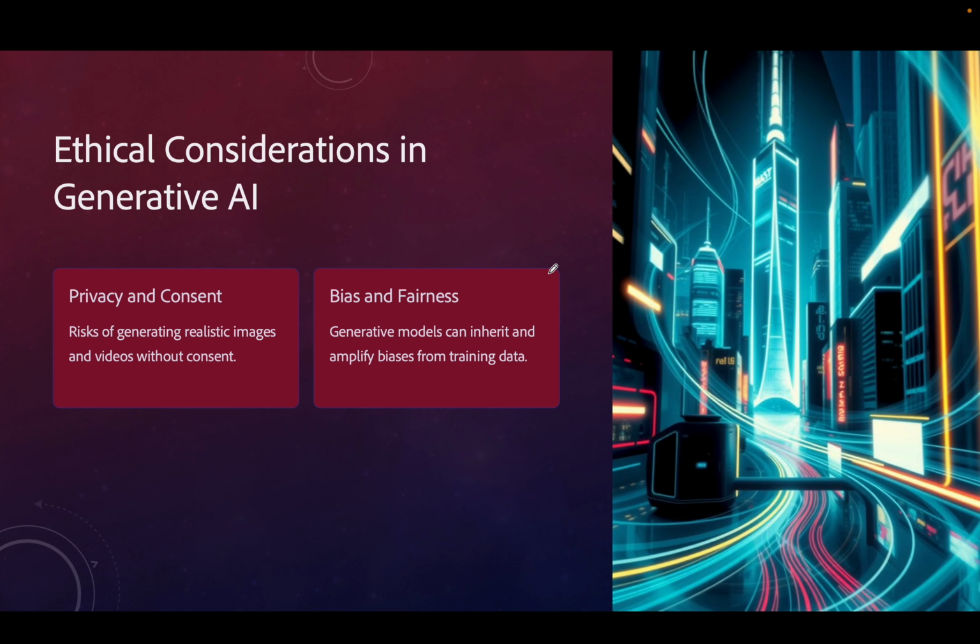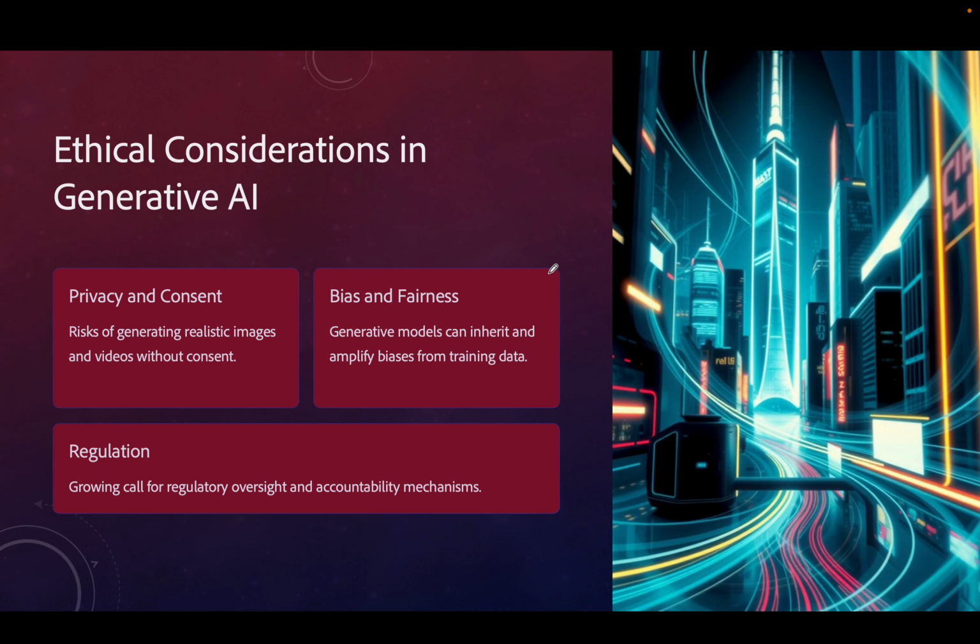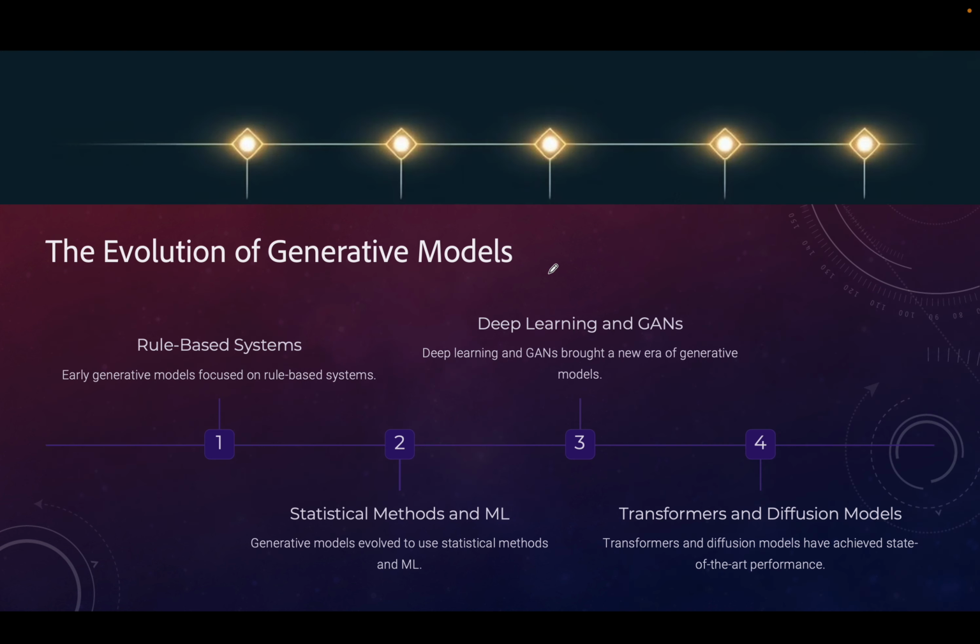For example, you may have some image generation models which are trained on some particular race or some particular region of the world, and these will tend to generate images from those regions or races. So these introduce inherent bias in the models depending on how they were trained. Then regulation and oversight are necessary to ensure responsible use of generative models.